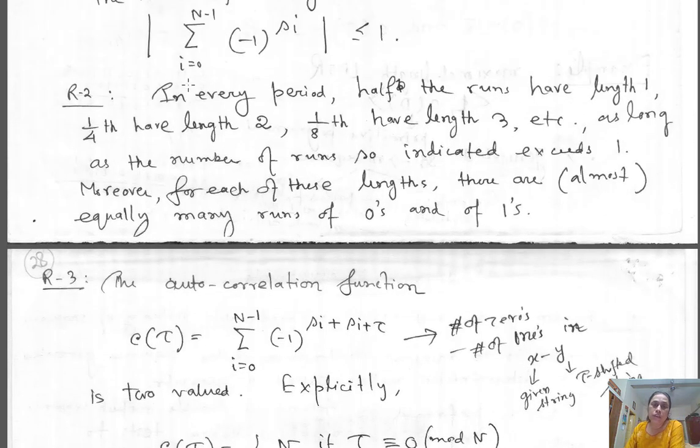So in every period you count the number of runs, and you count how many runs of length 1, how many of length 2, how many of length 3, and so on. The distribution should be like that: half of the runs should be of length 1, 1/4 of length 2, 1/8 of length 3, like that, as long as you cannot divide the total number of runs further.